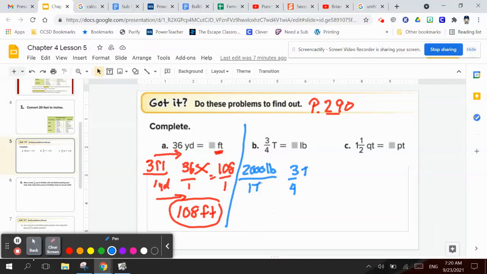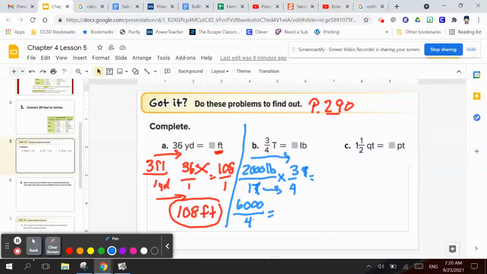Okay. The T in tons cancel out because I only want pounds. And now I can multiply. I multiply 2,000 times 3, which is 6,000. I take 1 times 4, which is 4.